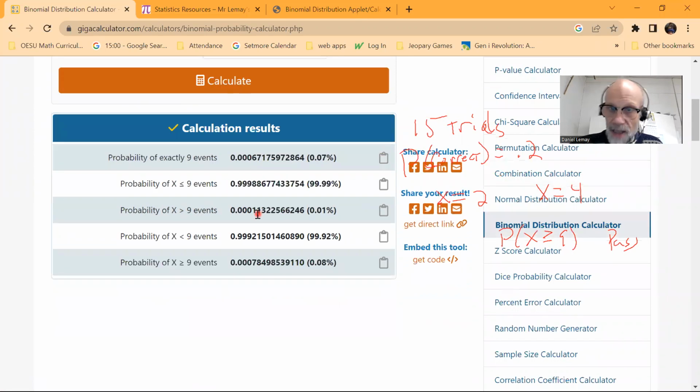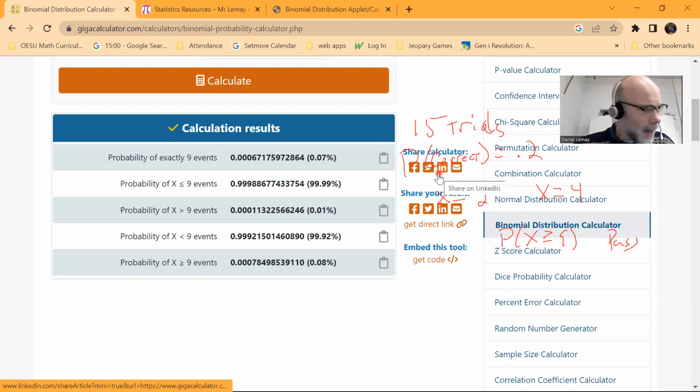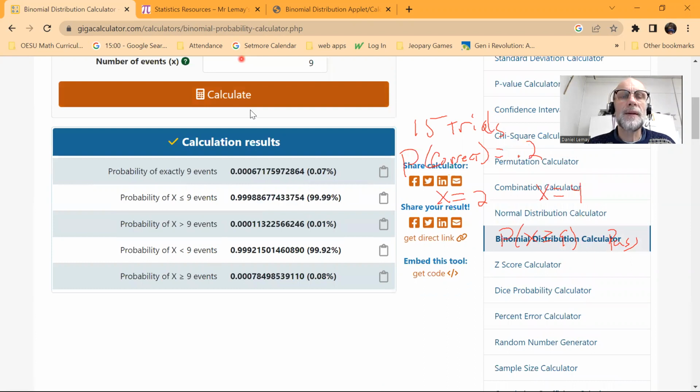So what you want determines which one you're going to use: less than or equal to, greater than. Just in case you're a little rusty with that, if I were looking for the probability of less than 9, I would write it like that.